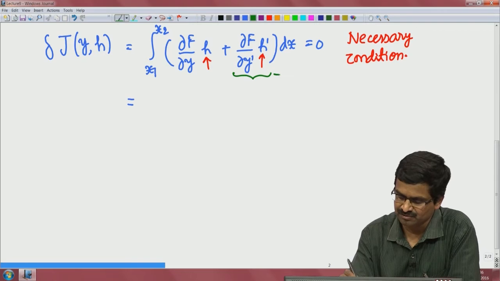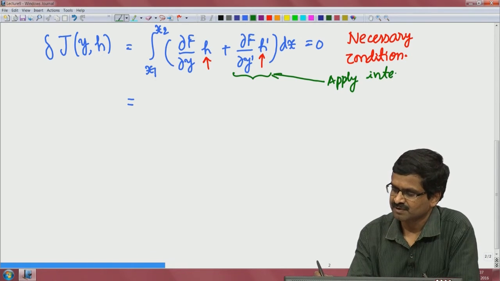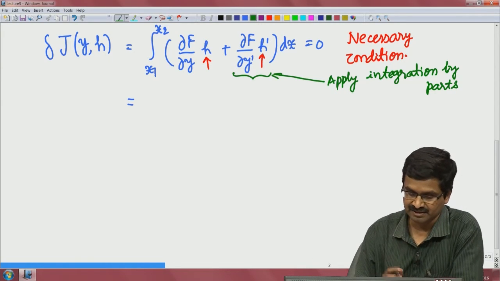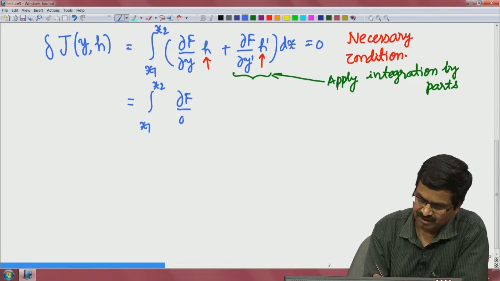So, to this term we apply integration by parts. It is just normal calculus, everybody would be familiar with integration by parts. So, we leave the first term as it is, the integral from x1 to x2 of ∂f/∂y h dx.